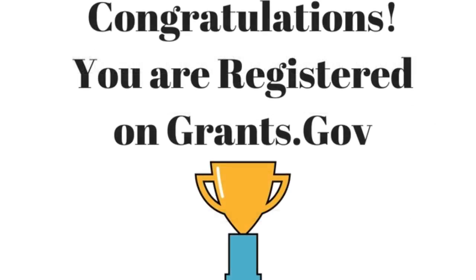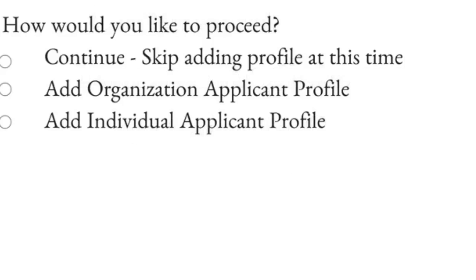Take that code, paste it into where it says put code, and then you are registered. Boom, that's it. Now you have one final piece of registration, and they're going to ask you, do you want to be an organization or individual applicant, or not now? Skip. And you can put organization for your nonprofit, and then you can enter all the relevant information, and you're all good.